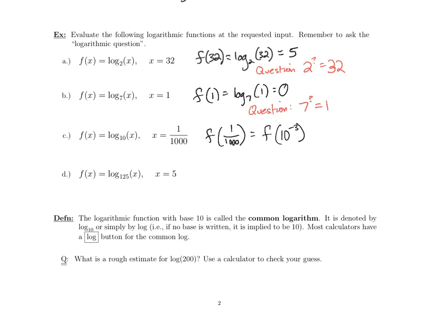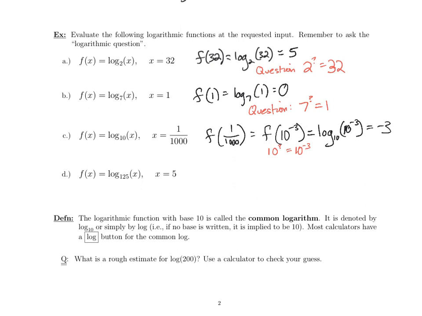You want to be able to effortlessly recognize that 1/1000th is exactly the same as 10 to the -3. So when I plug that into my function, I have log base 10 of 1/1000th, which is the same thing as 10 to the -3. So that asks the question, 10 to this power should equal 10 to the -3. And the answer to that question is that the exponent I need is -3.